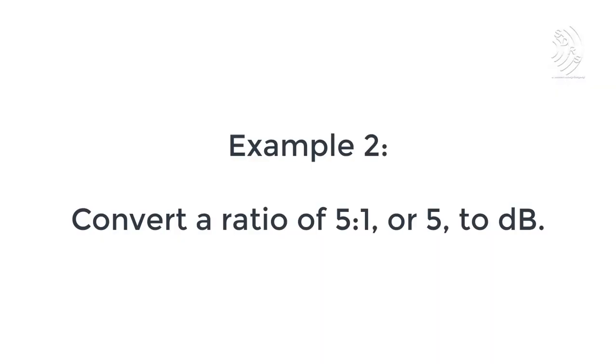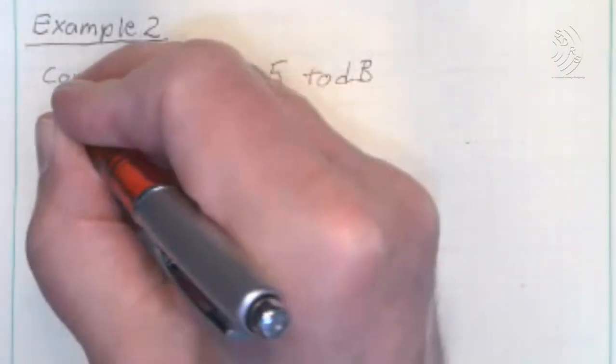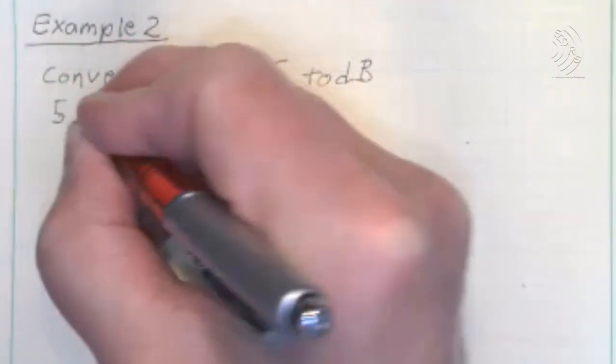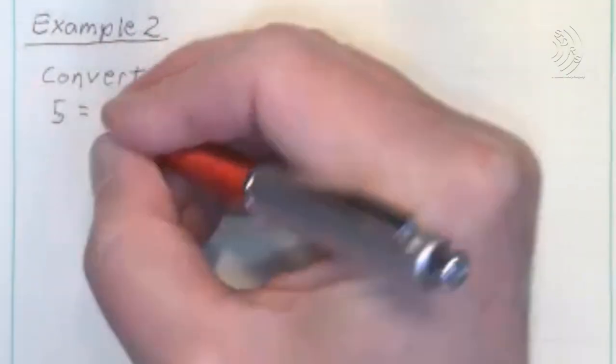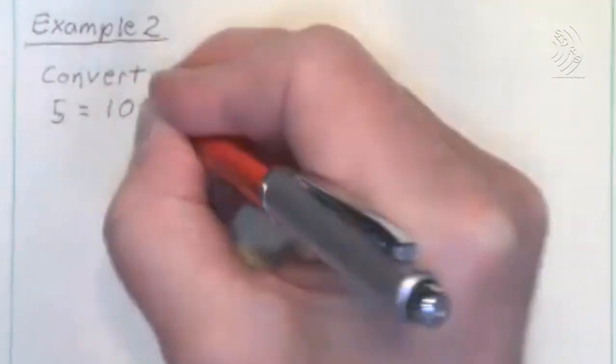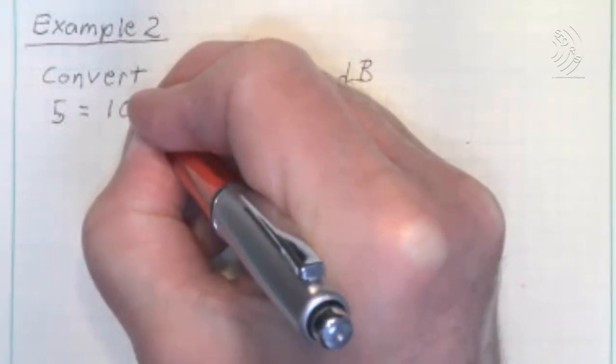In the second example, we're going to convert a ratio of 5:1 or 5 to dB. To do this, we note that 5 is equal to 10 divided by 2.